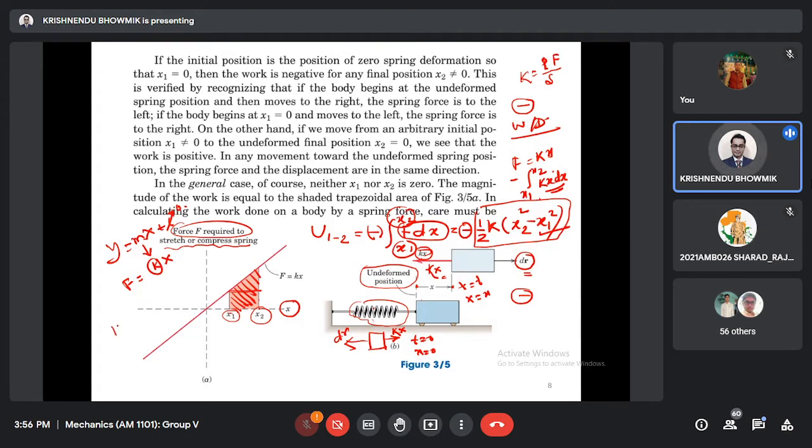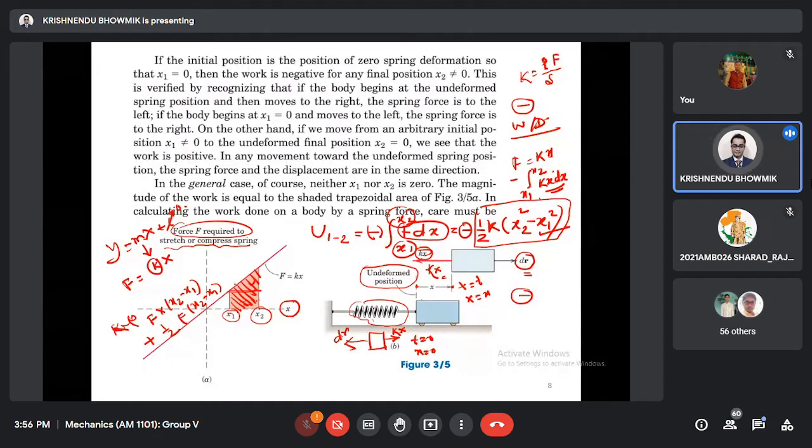The rectangular area will be f multiplied by x2 minus x1, plus this area, half f multiplied by x2 minus x1.